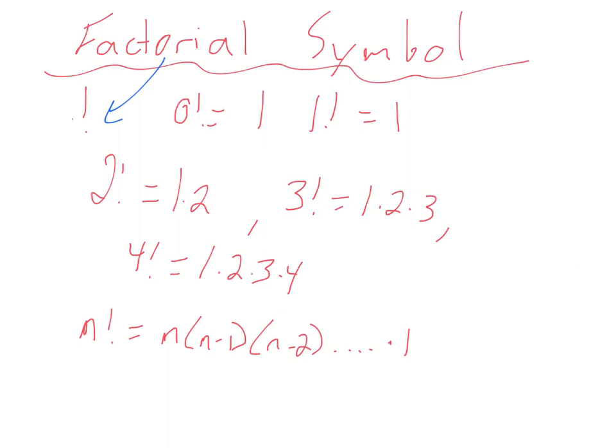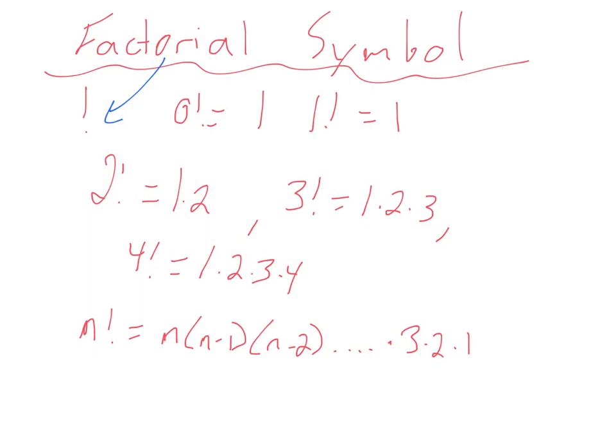Or you could do the other. In whatever case, I'm sort of doing it in reverse now, I guess. When I'm defining it here, I'm starting with the largest number. It's like if I was doing 4 times 3 times 2 times 1. That's what I'm doing here. I'm doing the largest number, times the second largest number, times the third largest number, and so on, all the way down to the smallest numbers.